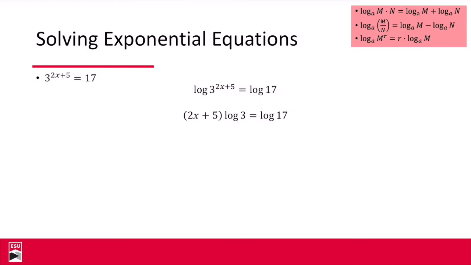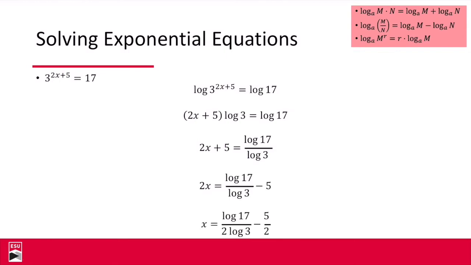Now the log of 3 is just a number, and we know that it isn't 0, so we can divide both sides by log 3. Now we have 2x plus 5 equals log 17 over log 3. Subtract that 5 over to the other side and divide by 2. And we get x equals log 17 over 2 log 3 minus 5 over 2.